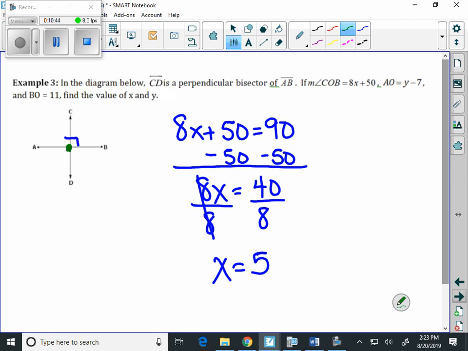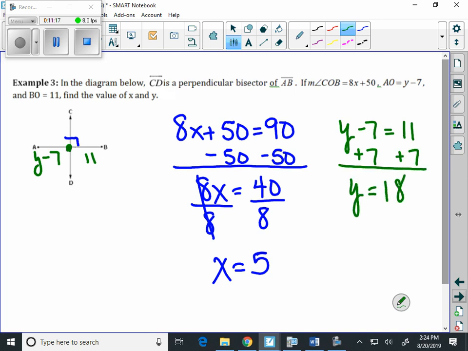AO is y minus 7, and BO is 11. Since that green point is the midpoint, to find the value of y, we take y minus 7 and set it equal to 11. We add 7 to both sides, and we end up with y equals 18.